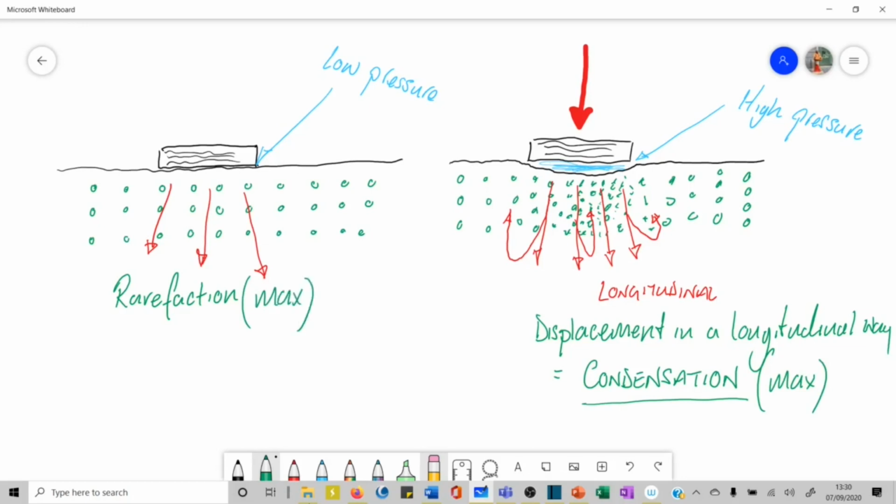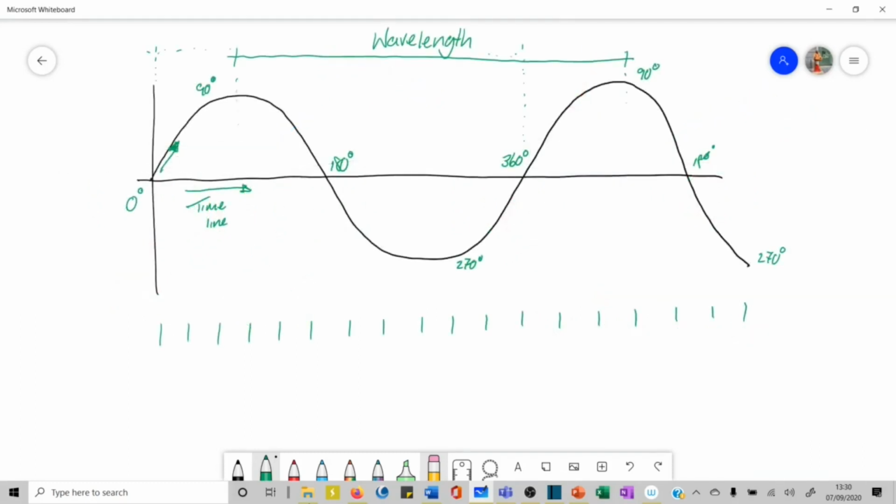When the molecules are incredibly condensed over here at 90 degrees, and then at 270 degrees they're absolutely in equilibrium again, and then the whole thing starts again. We can see this represented like this. These molecules here, the little dots, and so on. If I get rid of those dots now, this is what it would look like.